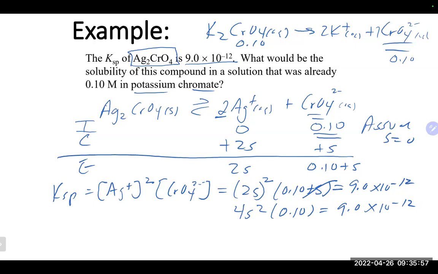Either way, you get S squared is equal to 2.25 times 10 to the minus 11. Obviously here we're going to take the square root, and if we do a little square root action, it looks like 4.7 times 10 to the minus 6.